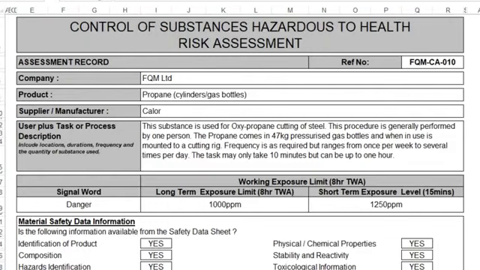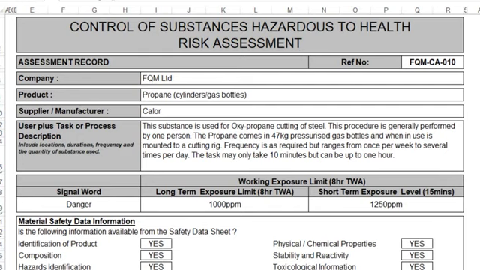So here we have a Control of Substances Hazardous to Health assessment form. We can see here that we have a reference number associated to it. We've identified the company, the product, the supplier, plus we've described the process and how we will use the substance within our workplace.